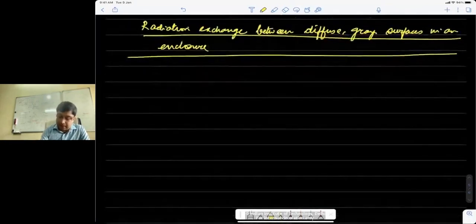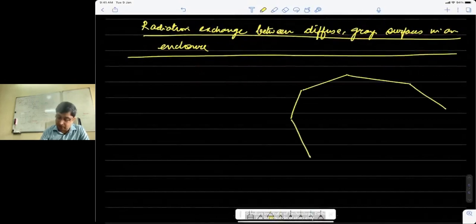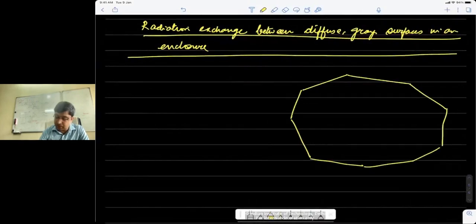And what I mean by that is, if you can sketch it now, let's say we have an enclosure again made of N surfaces, but this time the surfaces are not black, but we assume that they are diffuse and gray.